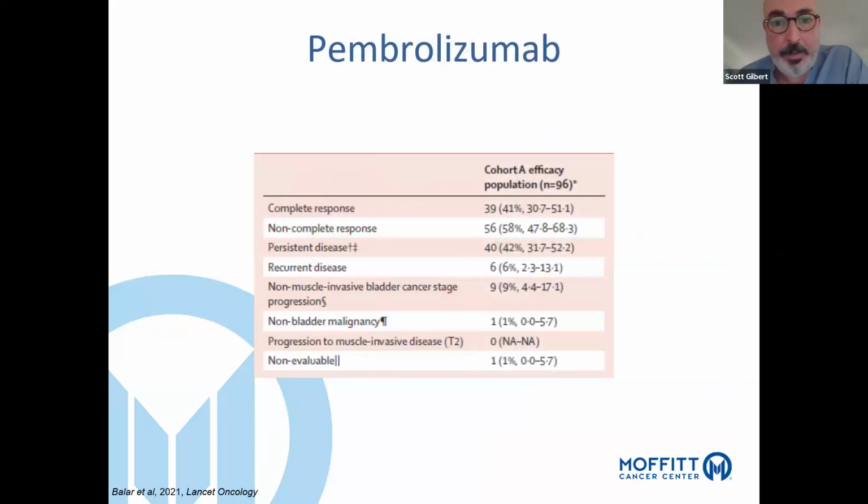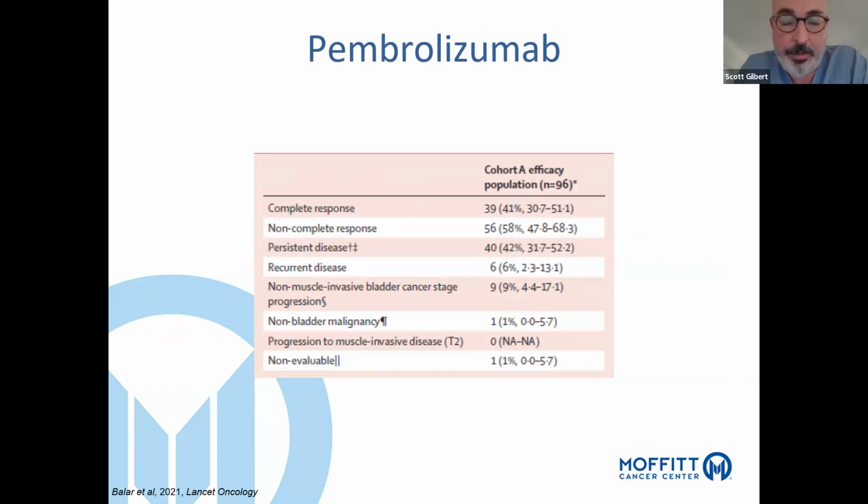So pembrolizumab, this is a drug that is very similar to the valrubicin study. This is a drug that has been well studied, has been promoted in a lot of different disease spaces.